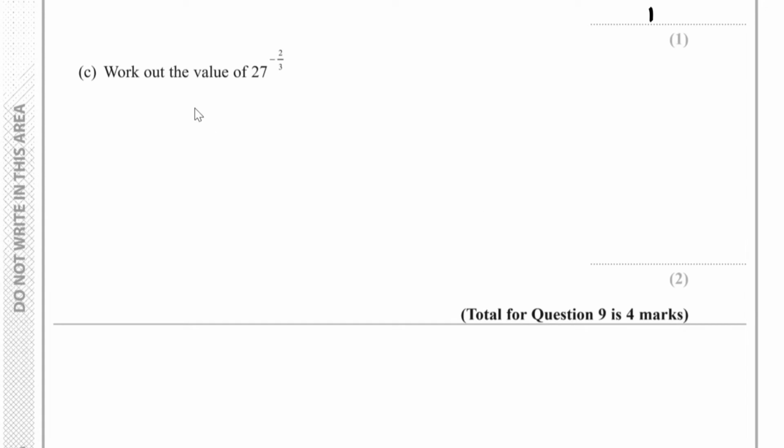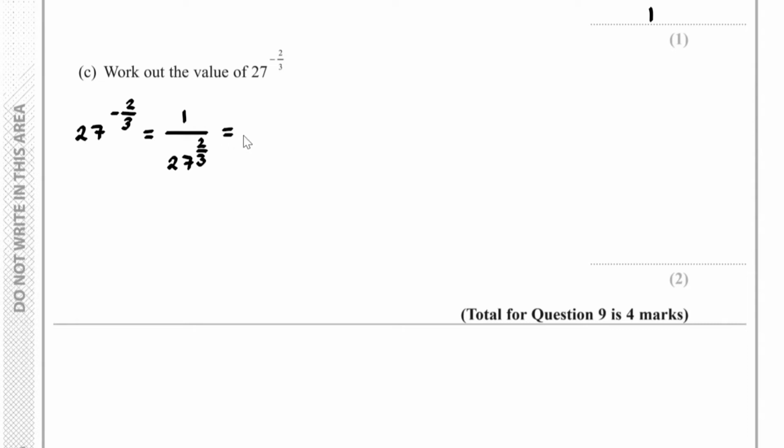For part C, we have to work out the value of 27 raised to the power of minus 2/3. Well, if we have 27 being raised to the power of negative 2/3, this is the same as 1 over 27 to the power of 2/3.